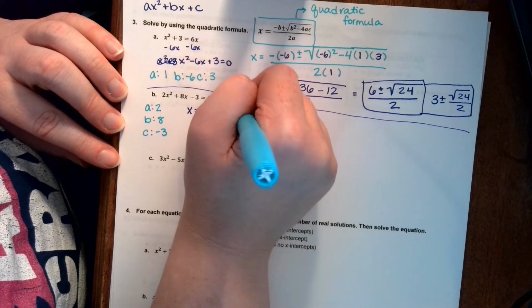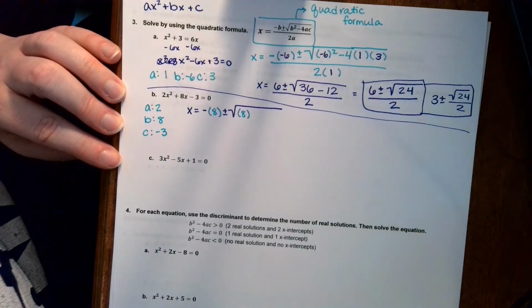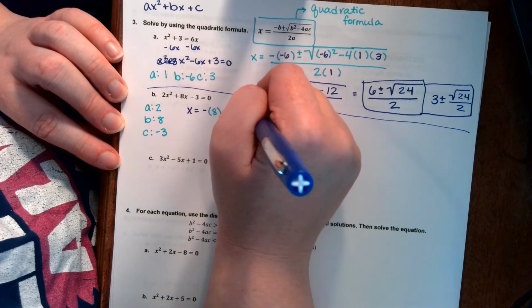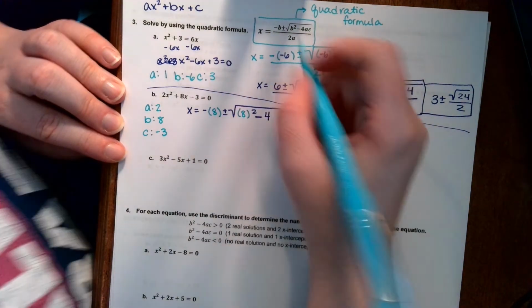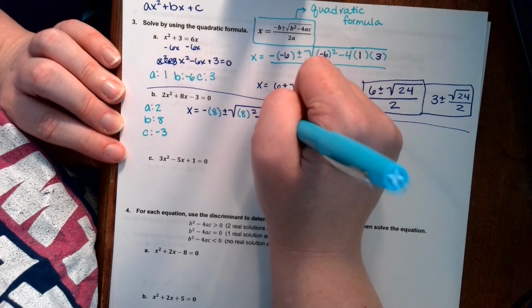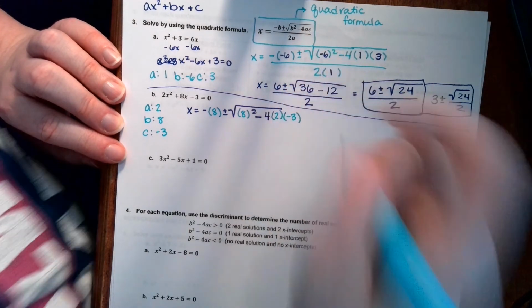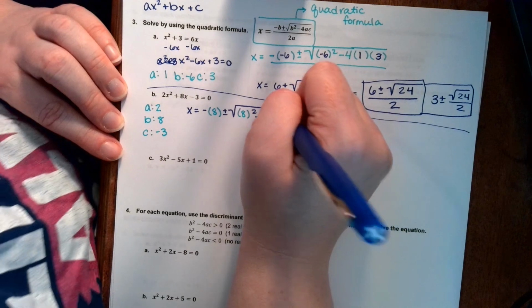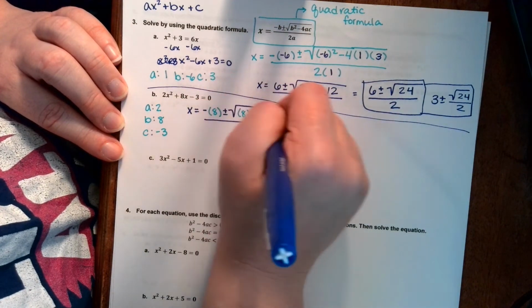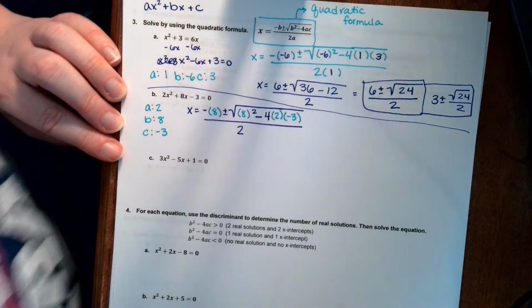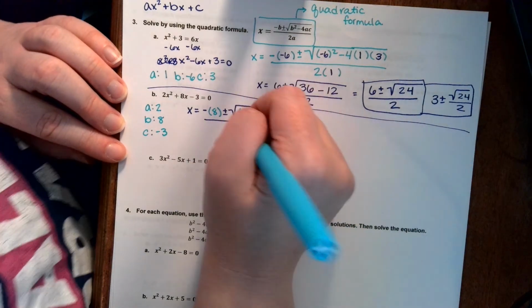B is 8, so 8 squared, minus 4 times a is 2, c is negative 3, over 2 times a, and a is 2.